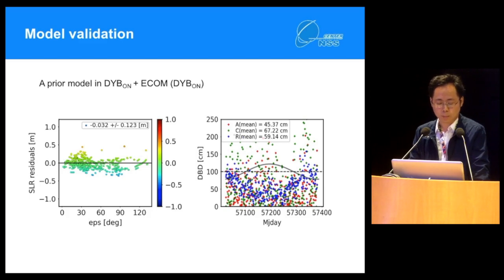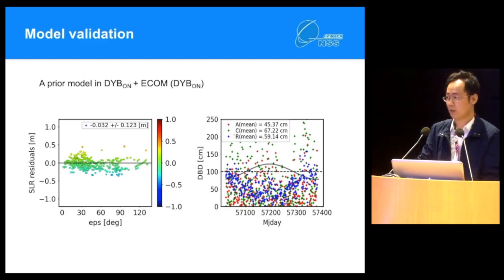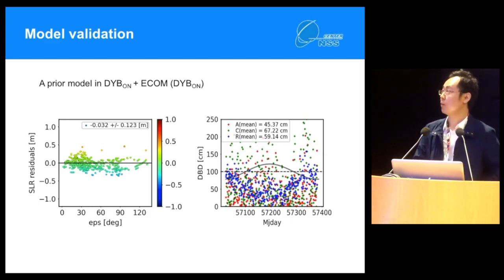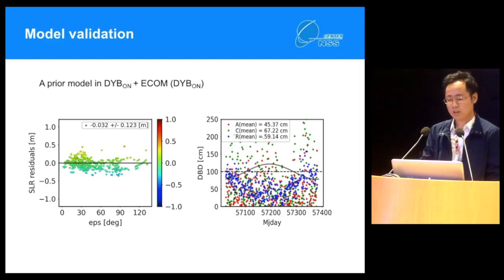The bias is about 3 centimeters, and the standard deviation can reach 12 centimeters. Maybe that's a bit lower than Oliver's model. However, for those three, what we obtained from the BeiDou model, the DLR model and ours, the DVD still is not good.